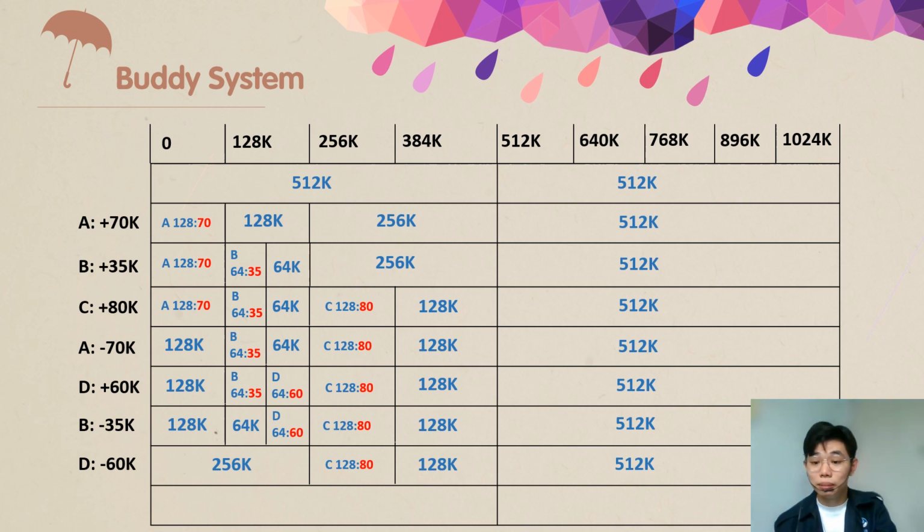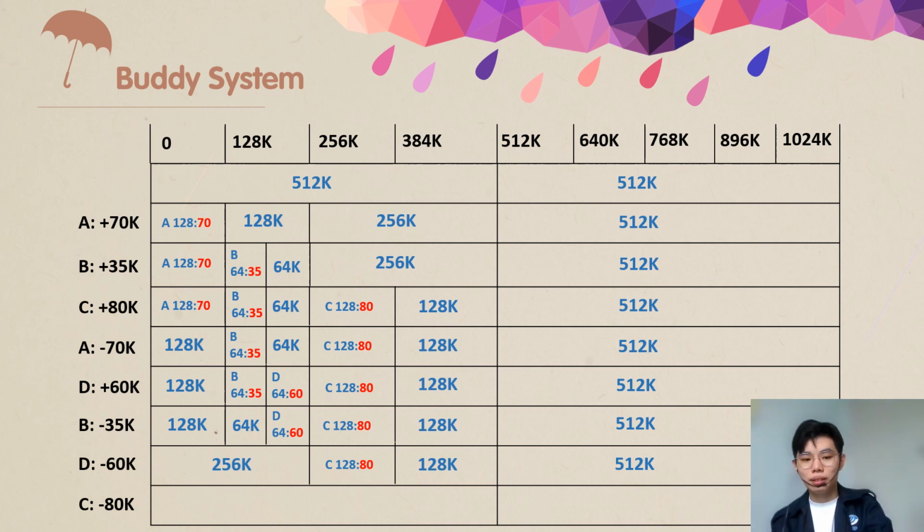So it's available. If any process is coming in, they may just use this 256k. Okay, next. So negative 80k. There is now just the C block left, right? So process C is now allocated the 128k block.